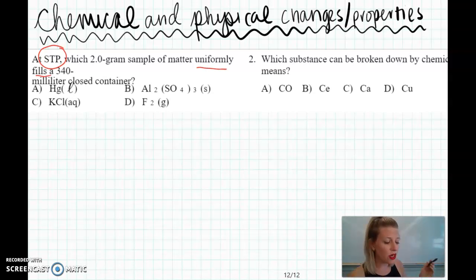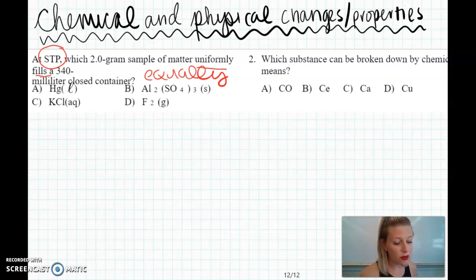So uniformly means that it's going to distribute itself equally. So which one will distribute itself equally in a 340 milliliter closed container? Notice that we have all different things here. Letter A is mercury, letter B is aluminum sulfate, a compound, letter C is potassium chloride, a compound, and letter D is fluorine.